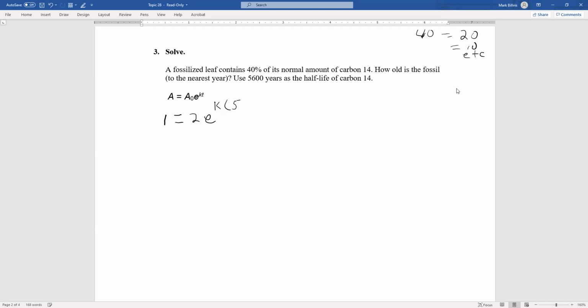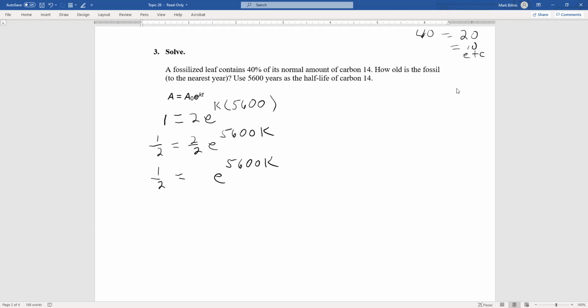In this case, it tells us the half-life is 5,600 years. So I'm going to start by dividing both sides by 2. I'm just going to switch the order; it doesn't make a difference. So this gives me 1/2 equals e raised to the 5,600k.